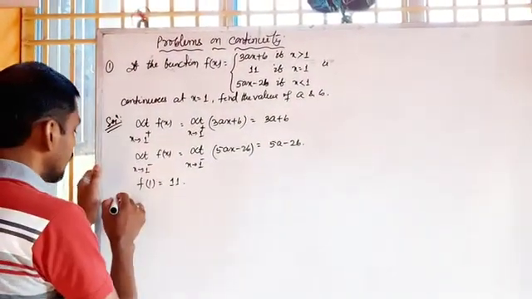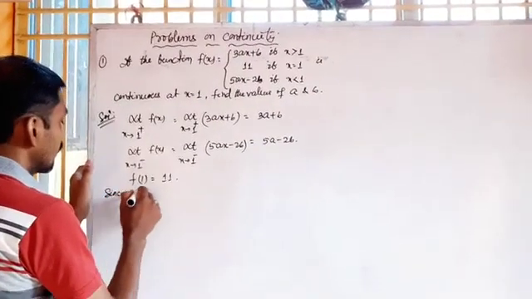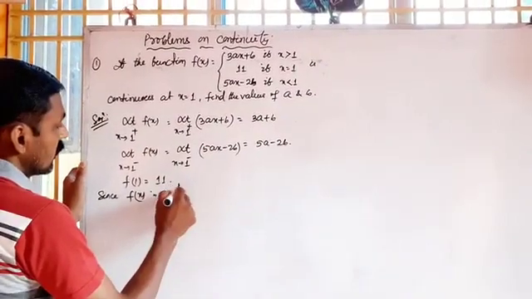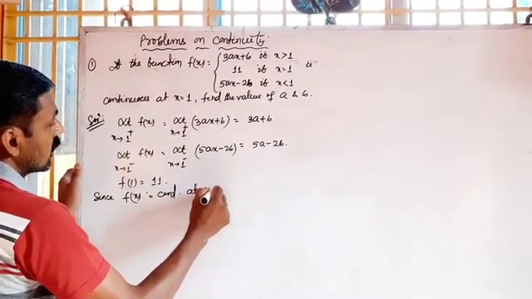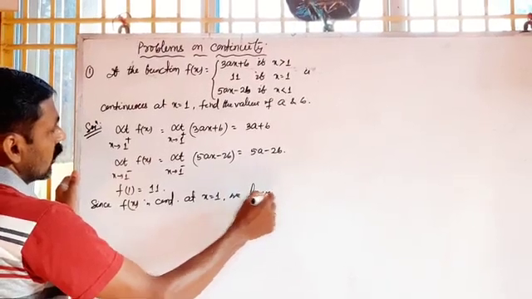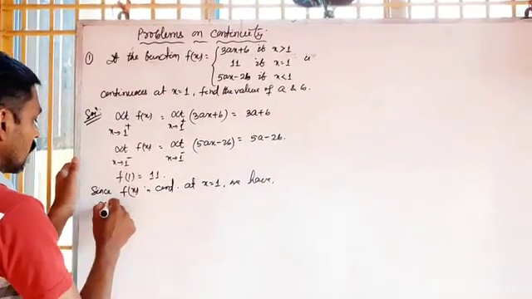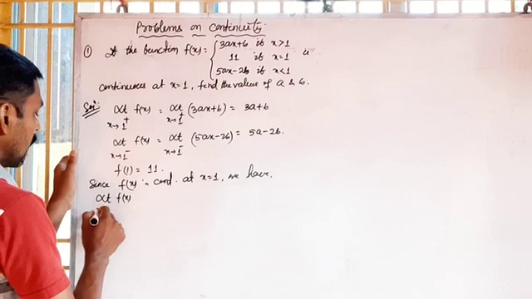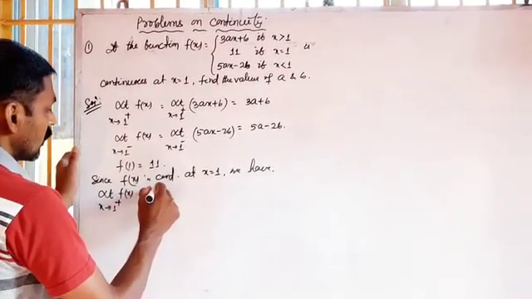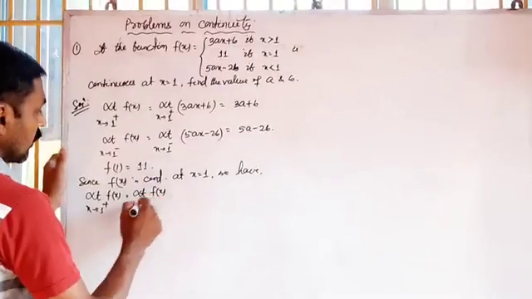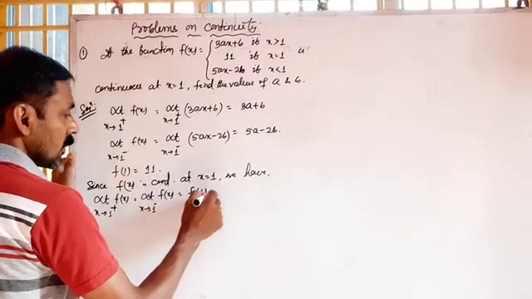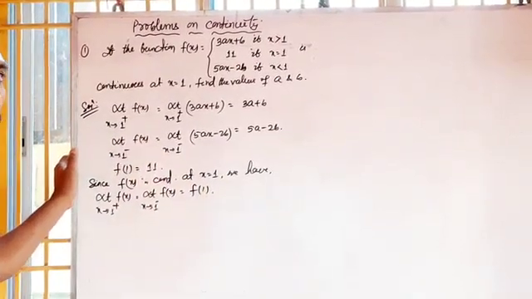Now we will write, since f of x is continuous at x equal to 1, we have the condition: limit of f of x, x tends to 1 plus, equal to limit of f of x, x tends to 1 minus, must be equal to f of 1.